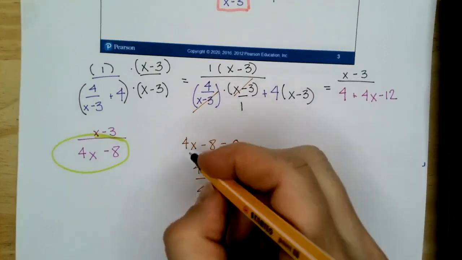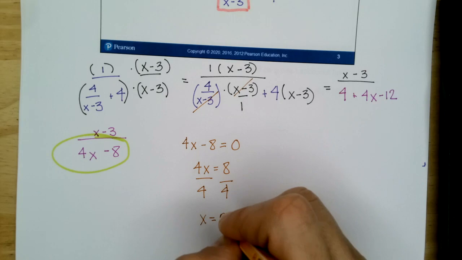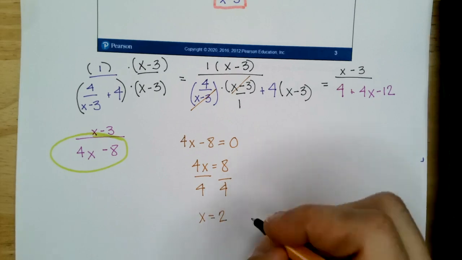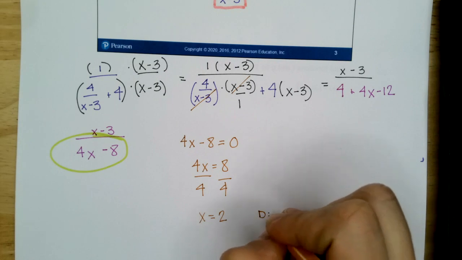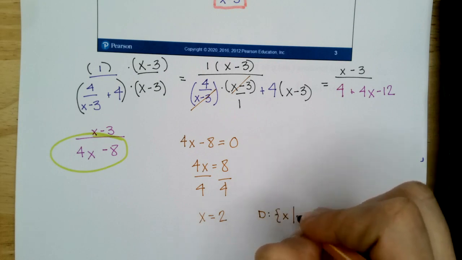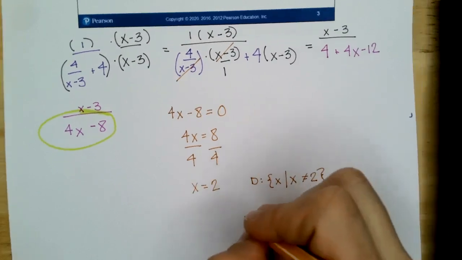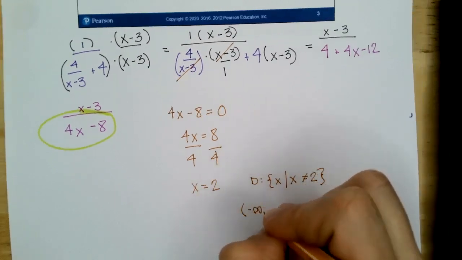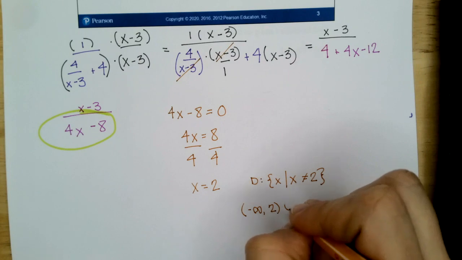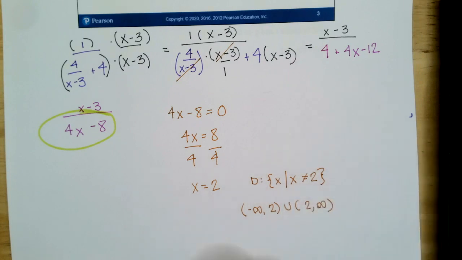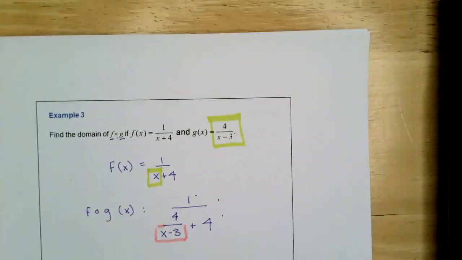X is equal to 2, and that is what you must eliminate from your domain. So your domain is all real numbers except that x cannot equal 2. Or the domain is from negative infinity to 2, and then 2 to positive infinity. Good?